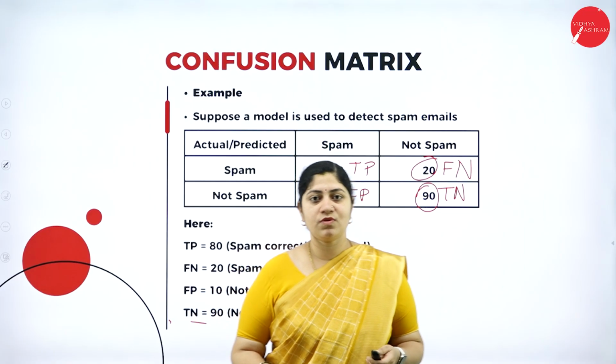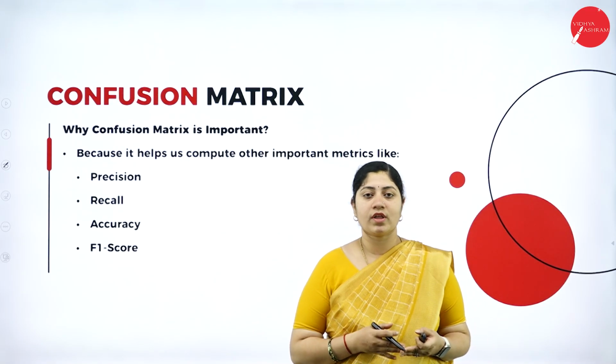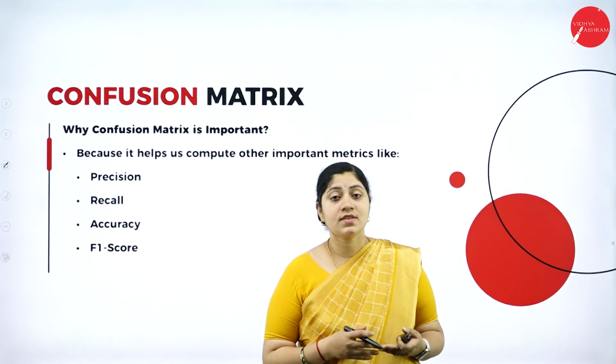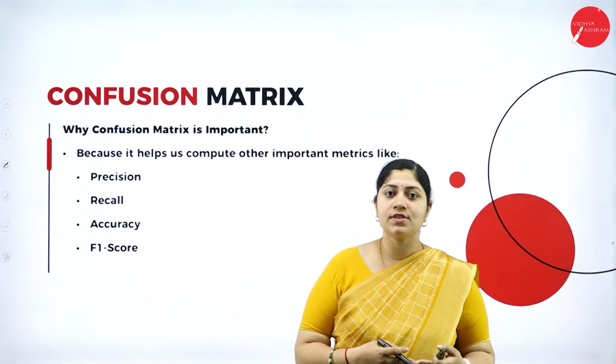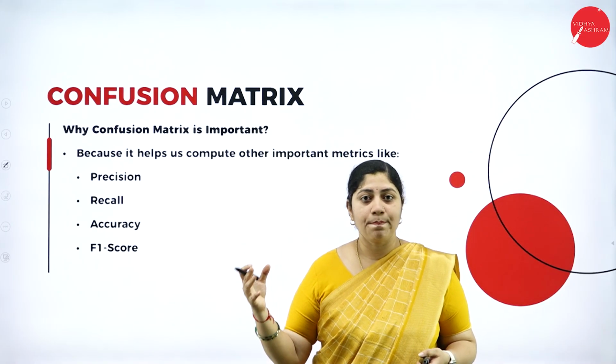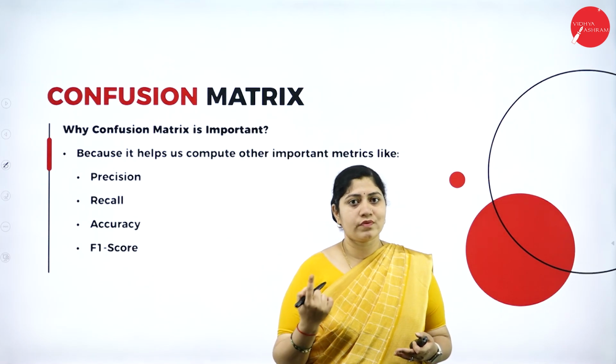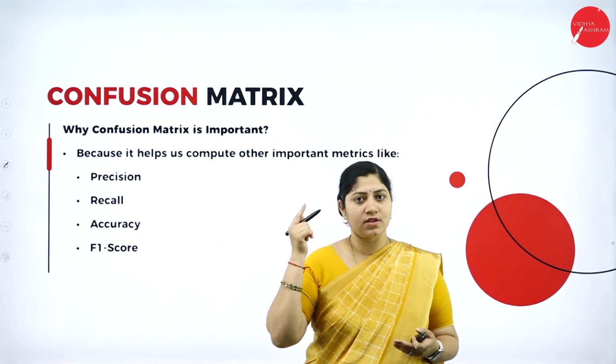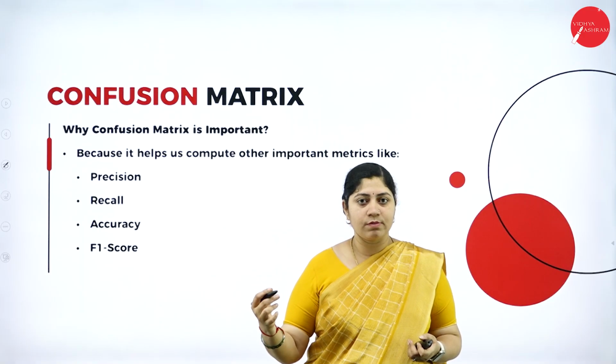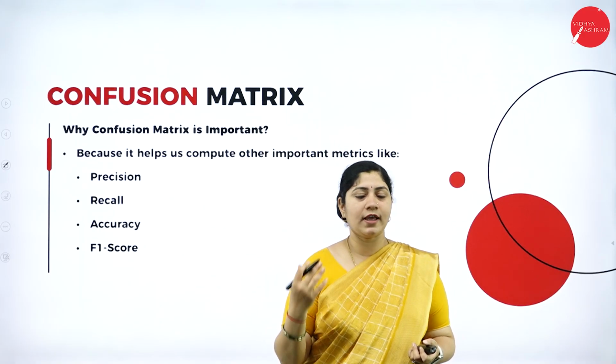Thus, let's move forward and understand the importance of this confusion matrix. It helps us in computing various metrics available for classification. The first metric is precision, and to calculate precision this confusion matrix will help us.